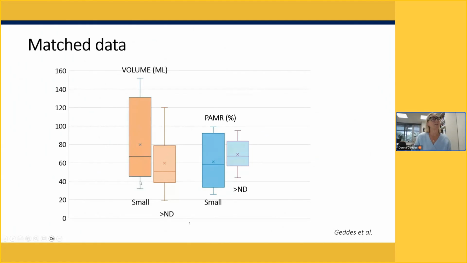So if we have the small fitted shield and ones that are greater than the nipple diameter in the same mothers, it looks like there's lower volumes, although again, very wide variation and not significantly different. If we go to the percent available milk removed, we can see that, although not different, it is trending towards a better outcome for our mums that have room to move.